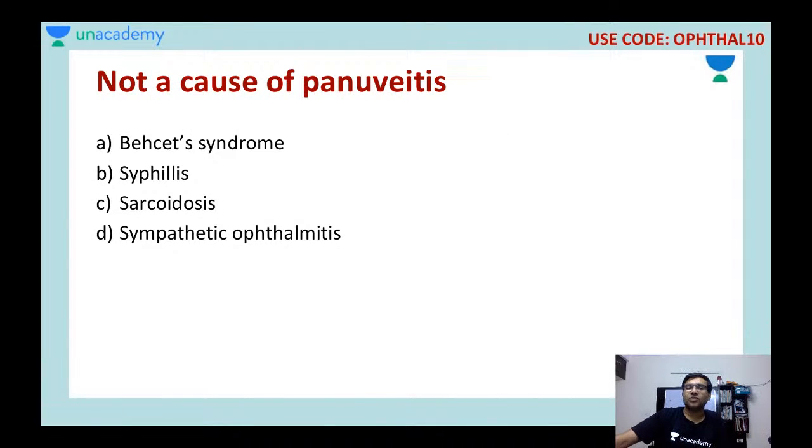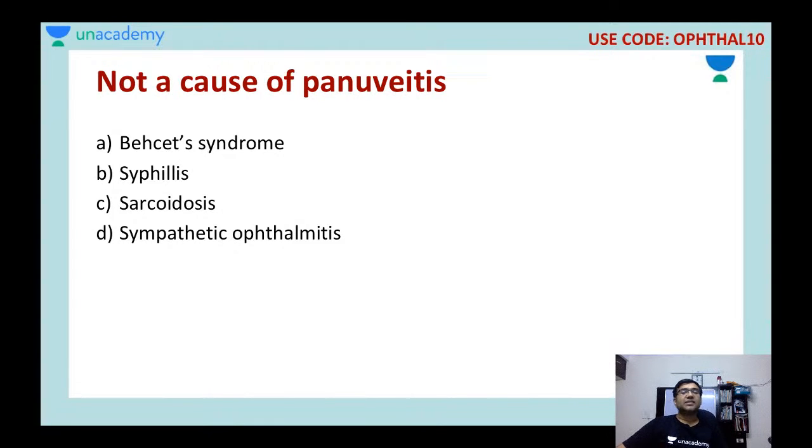Not a cause of panuveitis. Okay, so panuveitis is, as I told you, when all the layers of the uvea are involved: the choroid, the ciliary body, as well as the anterior part, that is the iris.